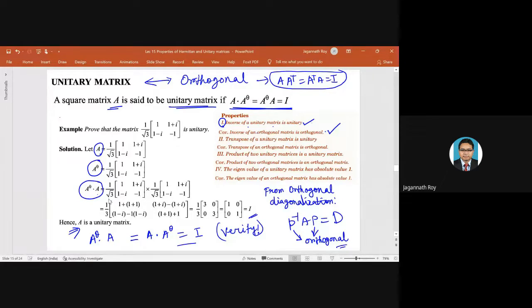Go back and check this claim: P and P inverse are orthogonal.